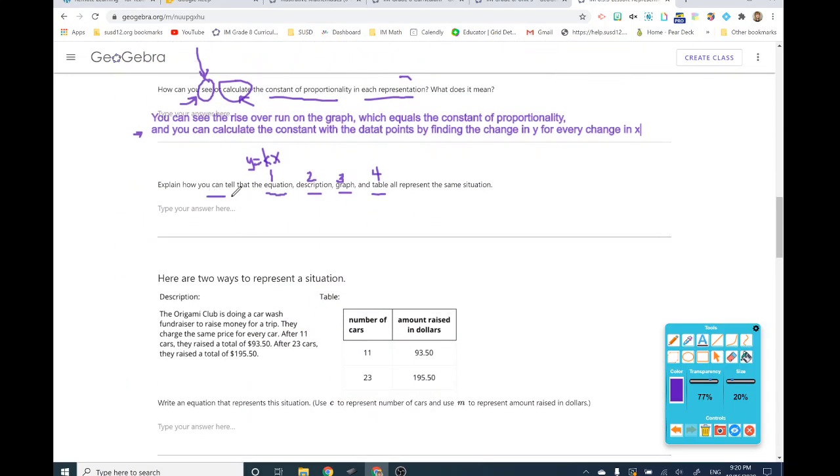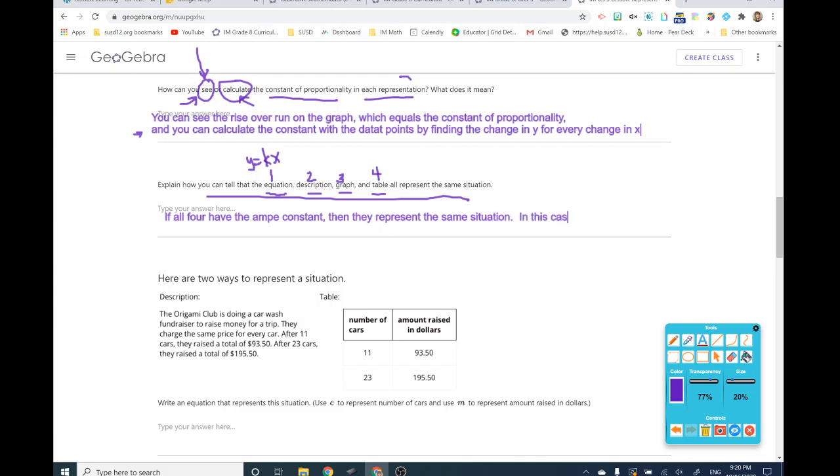But how can you tell that all 4 of those represent the same situation? So here's what's really important. All 4 of those represent the same situation if the slope is the same. If all 4 have the same constant, which is the slope of that line, then they represent the same situation.